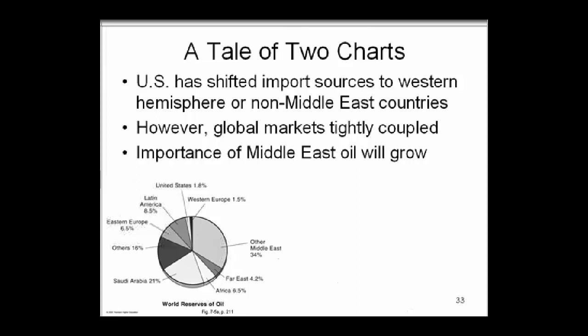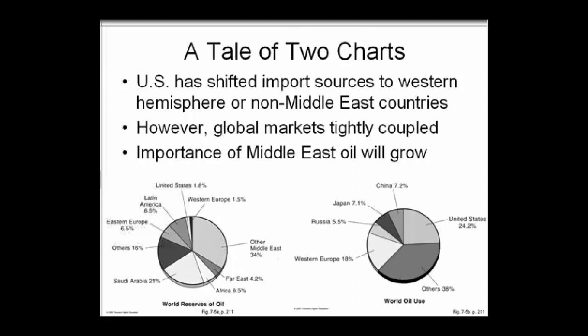And so ultimately, even though we are importing more non-Middle Eastern oil at the present time, we will ultimately have to return to greater dependence on Middle Eastern oil once these Western Hemisphere and other sources begin to decline much more rapidly.